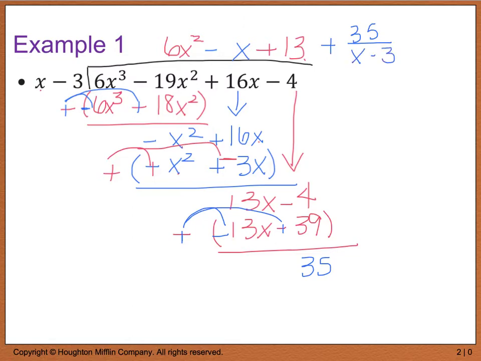Now there's a few things I want to call out here. If you remember from doing long division, this term out here that we're dividing by is called our divisor. And yes, it is important that you know the different pieces of a division problem. The stuff underneath the division symbol is called our dividend.